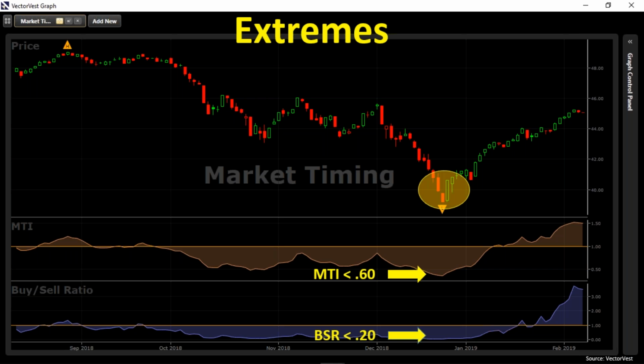Not to get too deep into it, but when our MTI indicator, the market timing indicator, goes below 0.60 and the buy to sell ratio goes below 0.20, we observe a very oversold market, and it's time to start thinking about buying stocks again once we see a rally. And we saw that rally right after Christmas, and it's been a really nice run ever since.